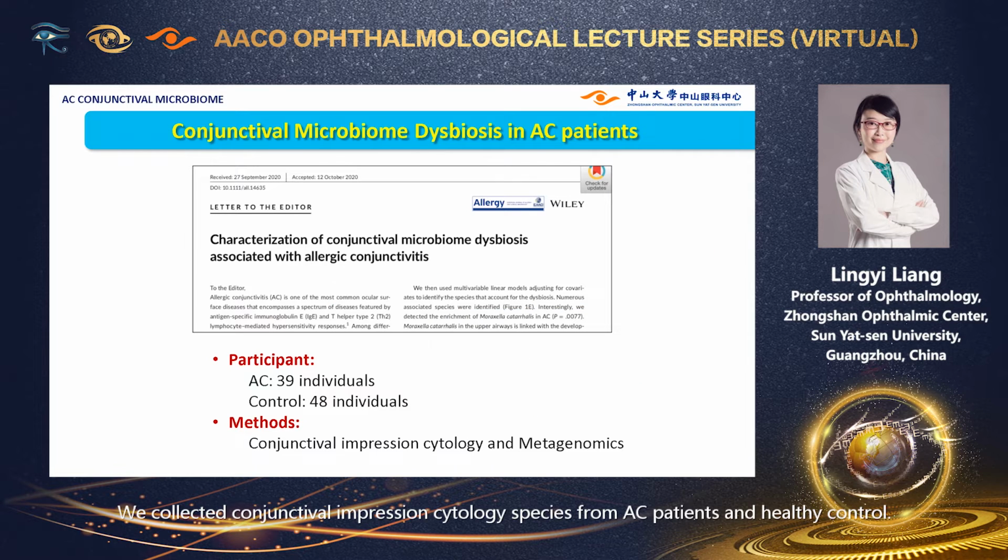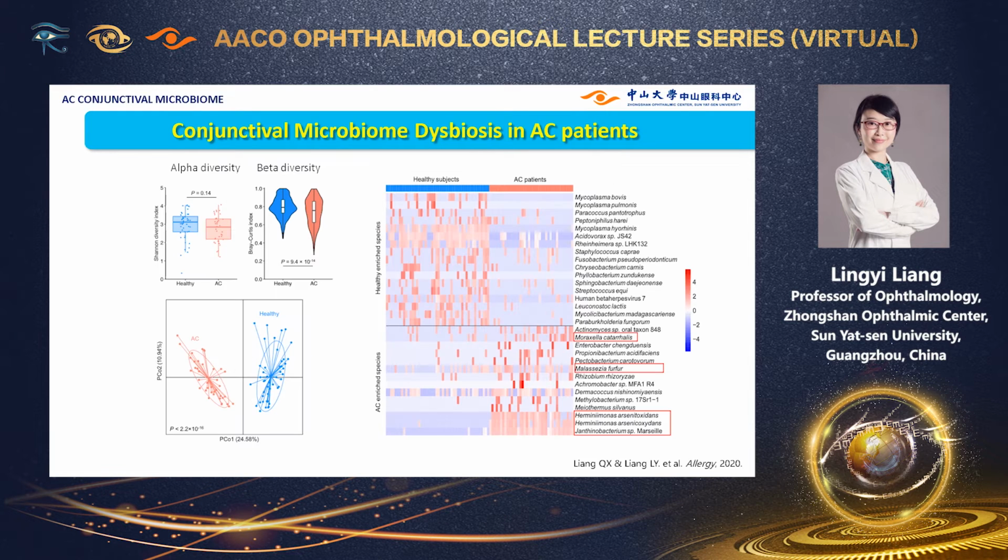We collected conjunctival impression cytology specimens from AC patients and healthy controls. Metagenomics analysis shows that AC is associated with dysbiosis of the conjunctival microbiome. The alpha diversity showed no significant differences, whereas the inter-individual variation within the AC group was slightly lower than in the healthy group.